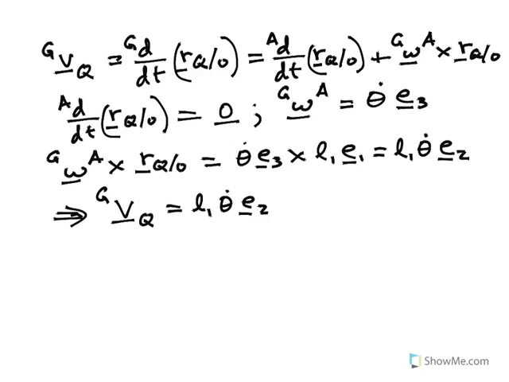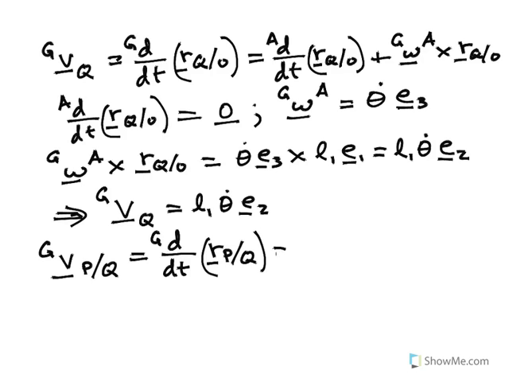Now we have to do the next part. The velocity of P relative to Q in G is equal to d dt in G of the position of P relative to Q, which is equal to d dt.